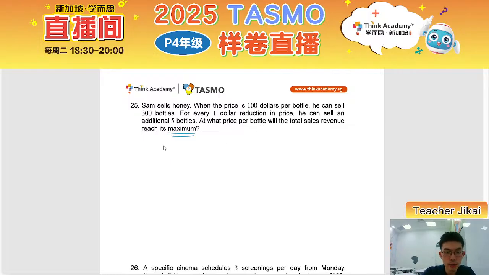So here we just set the reduction as X dollars. How about the sales? The price for every bottle is 100 minus X. But how about the total number of bottles sold? Yes, 300 plus 5X. And we need to get the maximum.